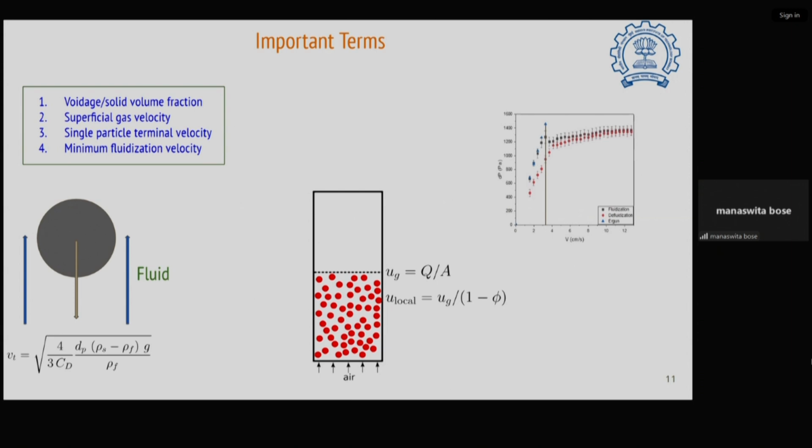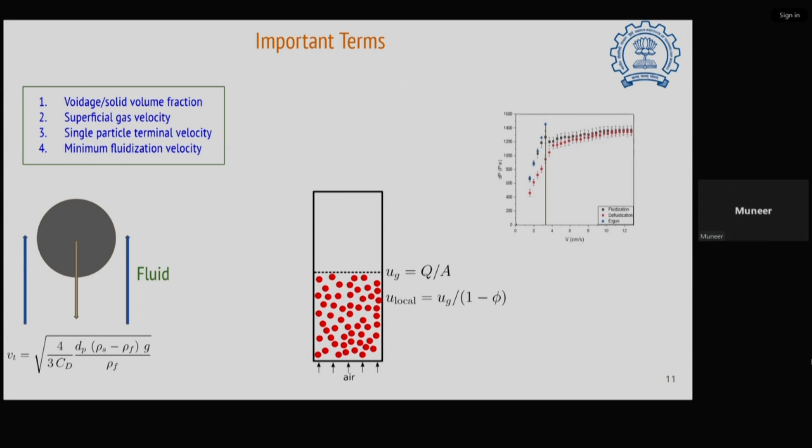Voidage is 1 minus the solid volume fraction. Okay. Superficial gas velocity is the volumetric flow rate divided by the area in the absence of any solid particle, right? So if there is no solid particle, whatever the velocity is going to be, that is known as the superficial gas velocity.